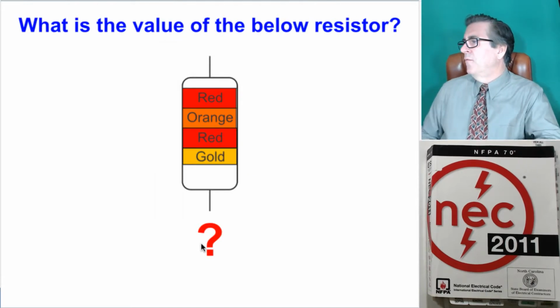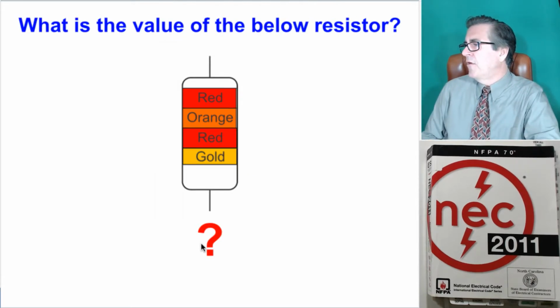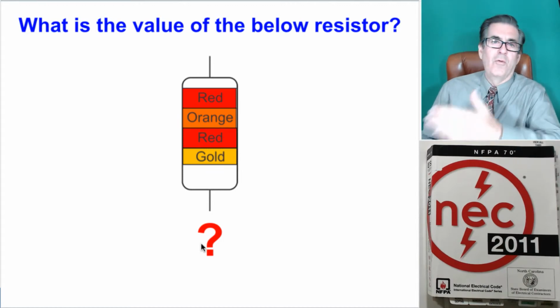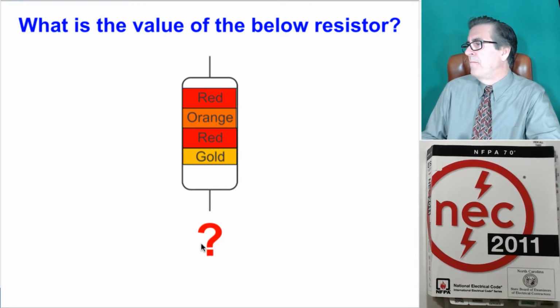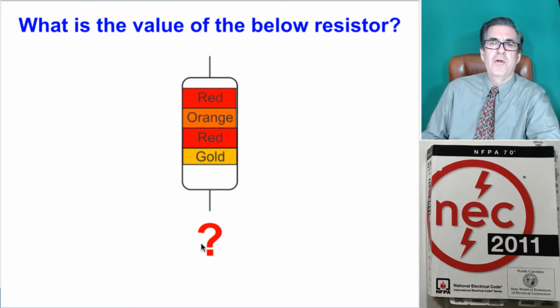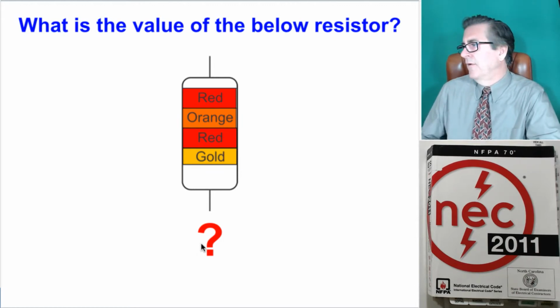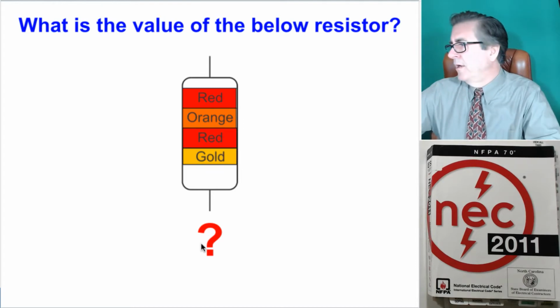Let's take a look at this resistor here and determine the value. It's red, orange, red, and gold. I drew this and didn't separate the gold from the other ones, but if it's gold or silver, you know that's the right side of the resistor, and that's going to mean tolerance, because there is no gold or silver on the other three factors.